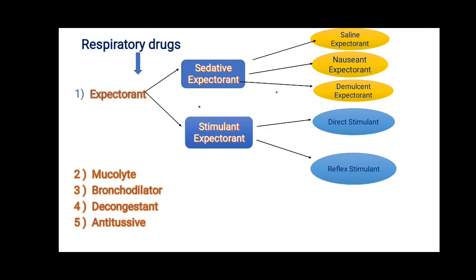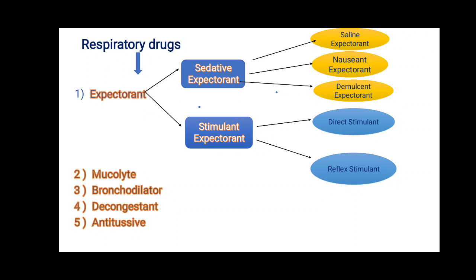In the last lecture we learned what an expectorant is, its classes and subclasses, and its function. Actually, the respiratory system mainly consists of the nasal cavity, oral cavity, epiglottis, tonsil, pharynx, larynx, trachea and lungs.